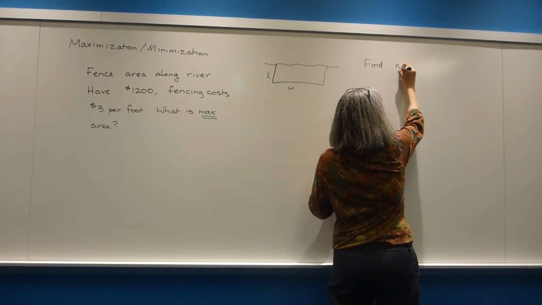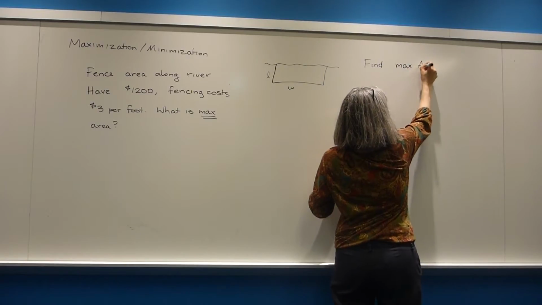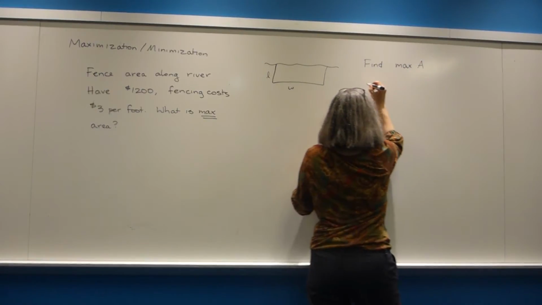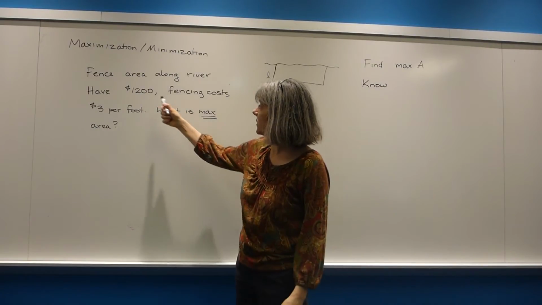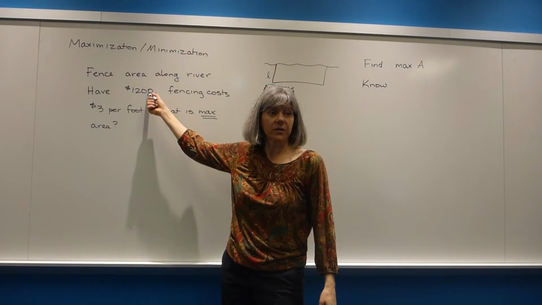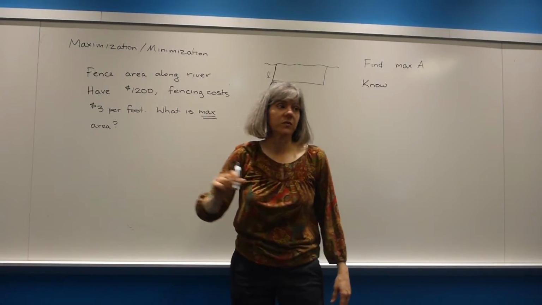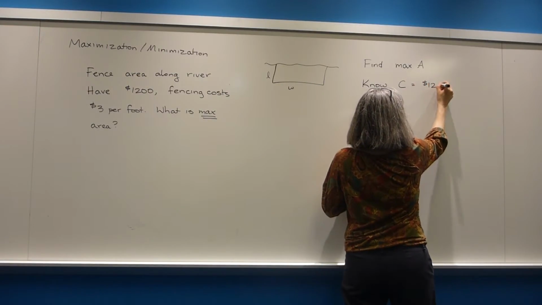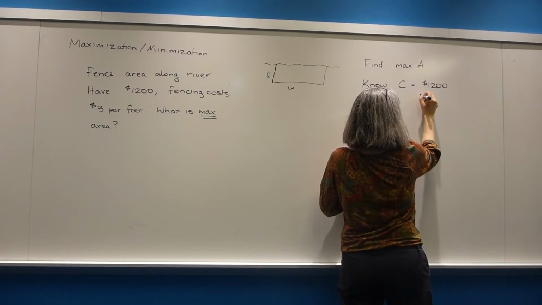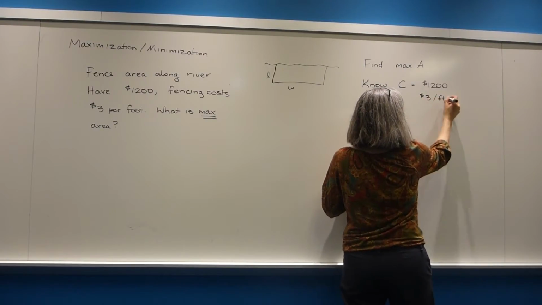So we're trying to find max area. And so what do we know? We know $1,200 cost. I mean, that's what we have, and we know $3 per foot. So we know that the cost is $1,200, and we know it's $3 per foot.